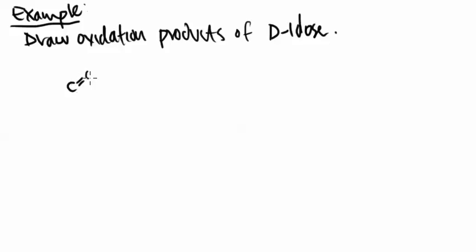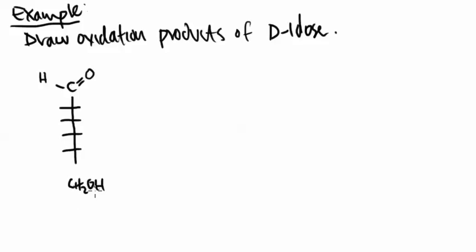So we have a C double bond O H up here at the top. And this aldose has 6 carbons in it, so it's an aldohexose. And down here at the bottom is a CH2OH group. So this is 1 carbon, 2 carbon, 3 carbon, 4 carbon, 5 carbon, and this makes my 6th carbon.